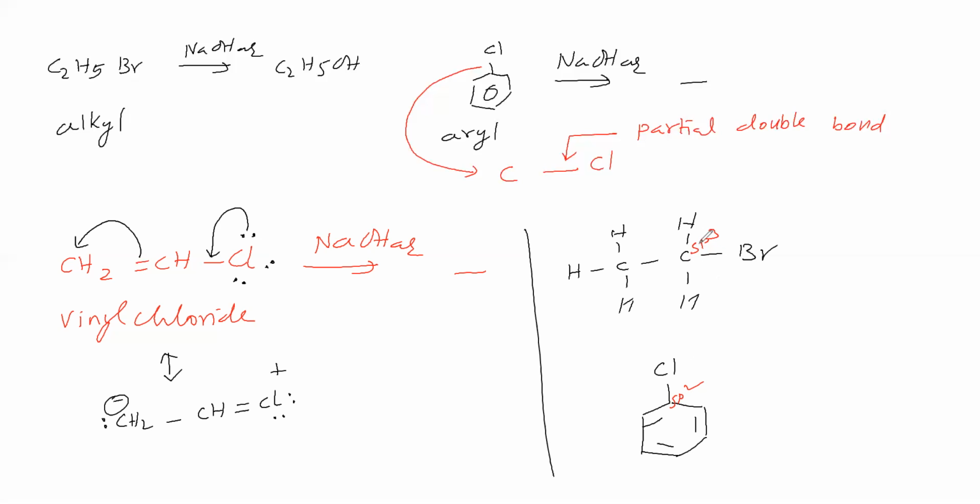So this carbon is more electronegative, therefore it attracts Cl strongly when compared to the other carbon. So breaking this bond is difficult, breaking the other bond is easy. Therefore, one is not going for nucleophilic substitution reaction, whereas the other is.